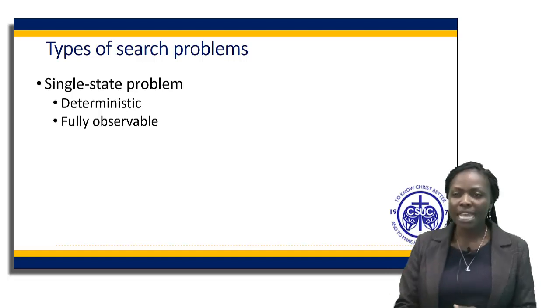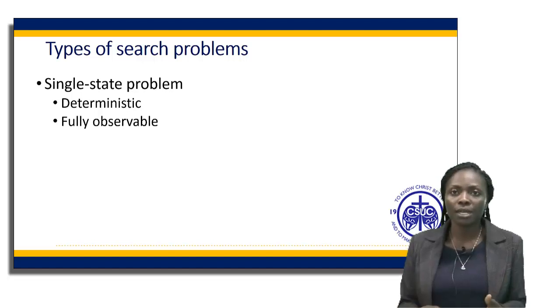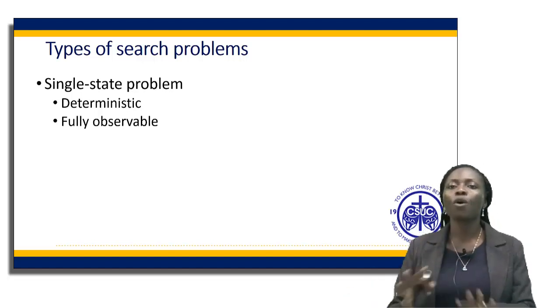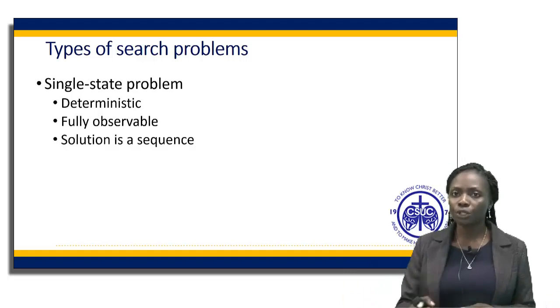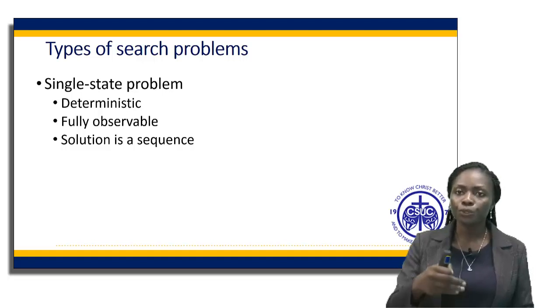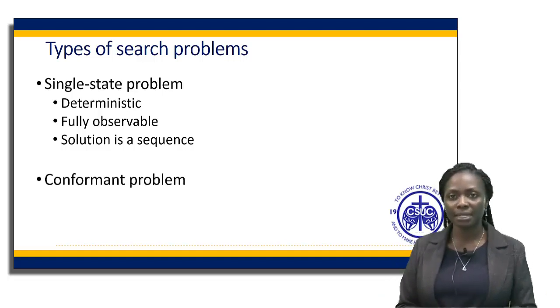It is fully observable, meaning that when we are standing at one corner, we can have a good overview of the total problem and the total possible solution. The solution is a sequence usually, meaning that you move from A to B to C to D to E. That is how a single state problem is like.